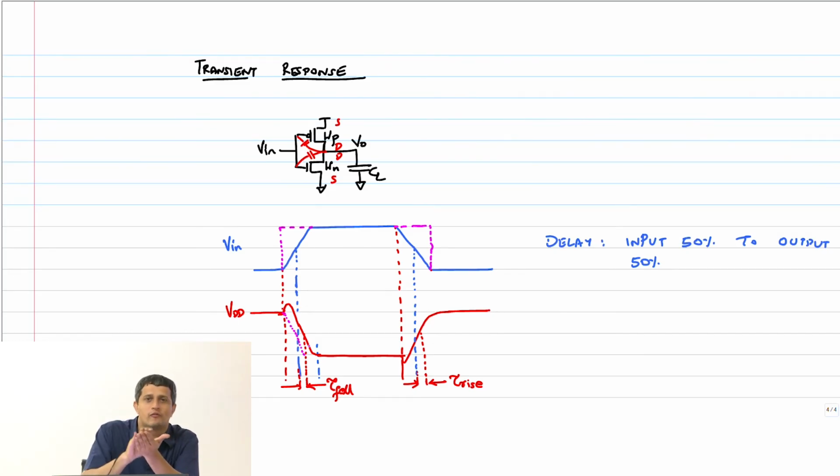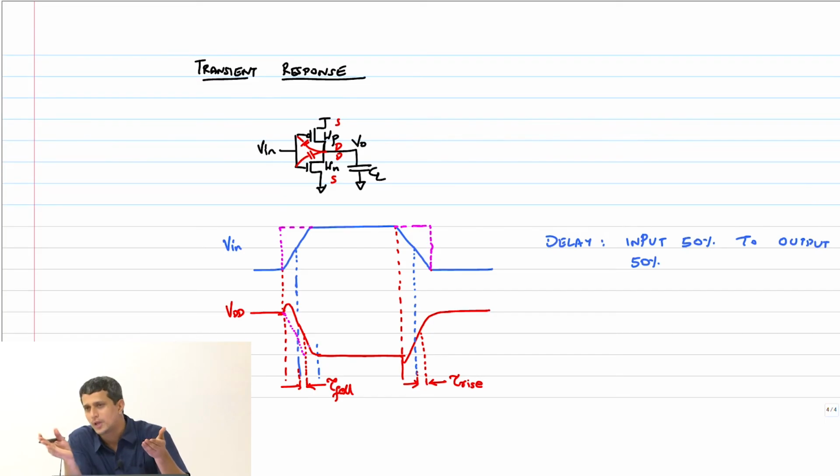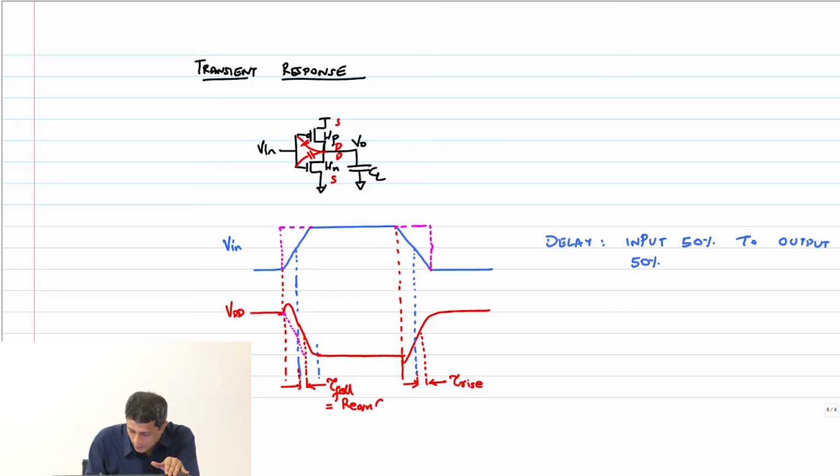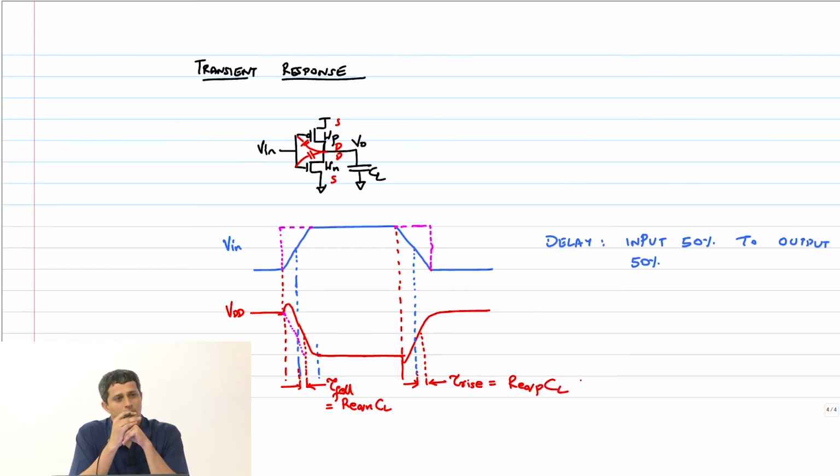When the input has a finite rise time within reasonable limits, the output will take slightly longer. How much longer? If you drop that 0.693 R equivalent into C, that's a fair estimate of the delay, and therefore we will simply say that this is equal to R equivalent N into CL, and this is equivalent to R equivalent P into CL. Henceforth, we will not put 0.693 in our delay expression for this reason.